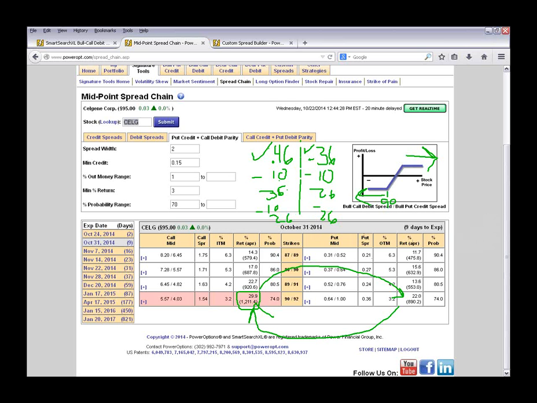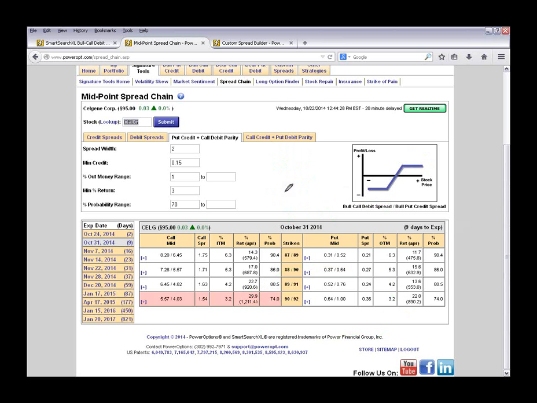The same thing, if we were doing 10 contracts, remember 46 cents versus 36 cents. If we did 10 contracts, we'd get $460 here and $360 for the bull put using the midpoint, minus $10 commission at entry for both, so we're looking at $450 and $350.